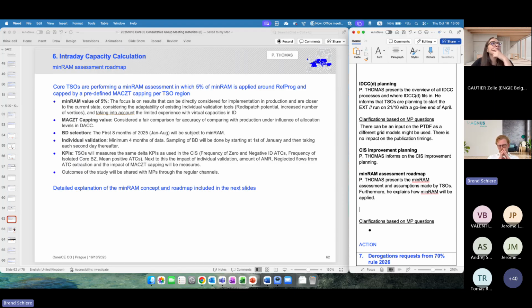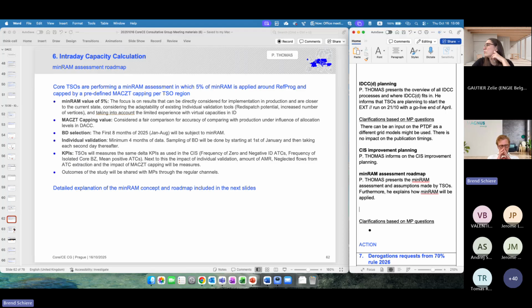Basically the minimum RAM for intraday, but this is not the same as we are used to for day-ahead, because this time this minimum can exclusively be used by the intraday market. So we provide, or plan to provide, this capacity on top.